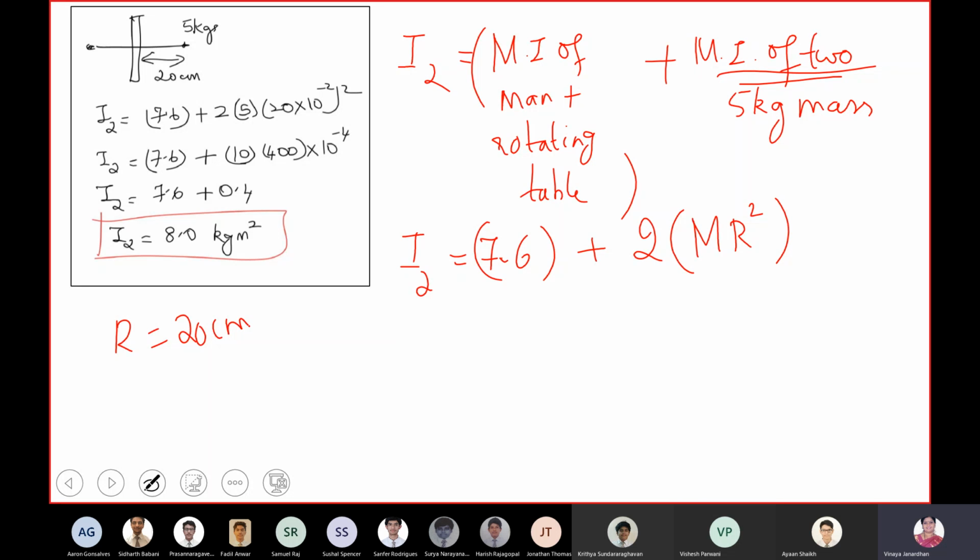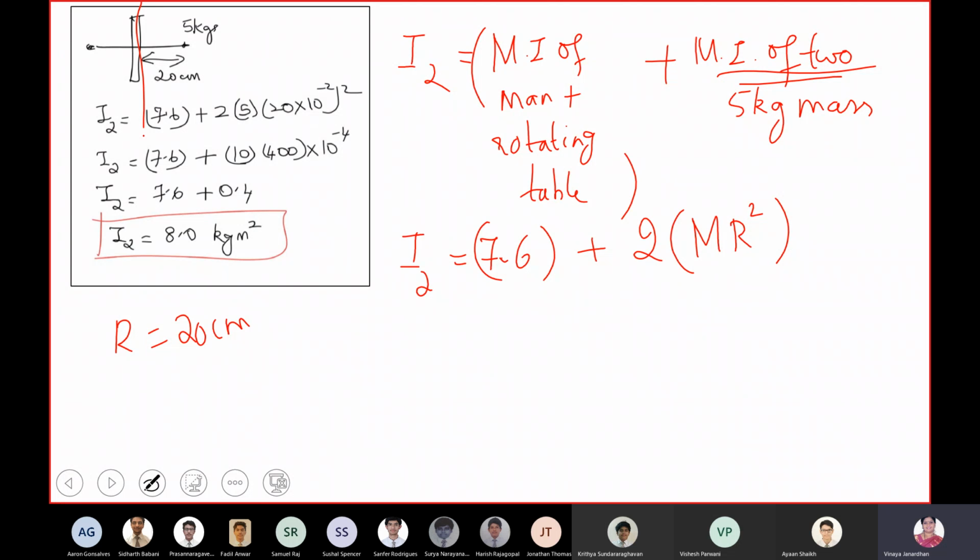The weight becomes closer to you, which means it becomes closer to the axis of rotation. In the previous case, the hands were stretched. Now you're bringing your hands closer to your body. Boys, how do you rotate on a rotating table?